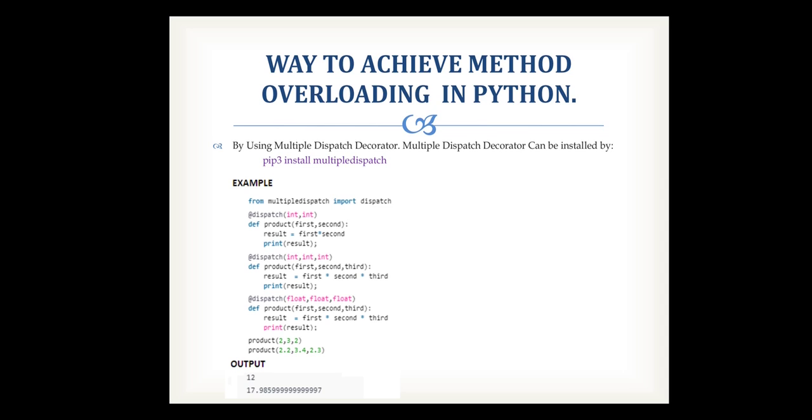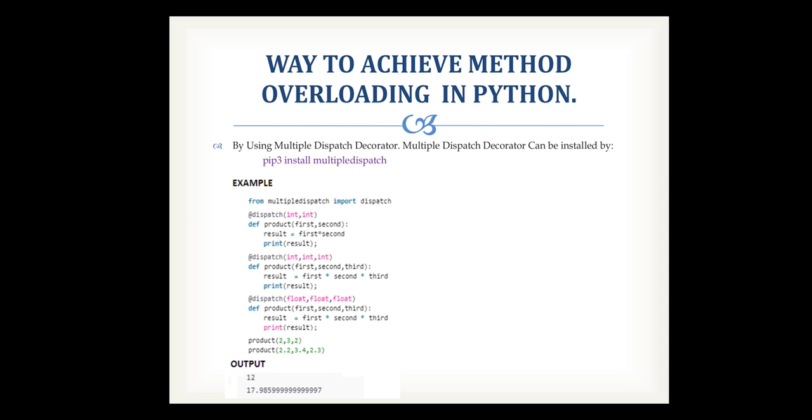We multiply the first and second parameters, store the result, and print it. Similarly we create the second method, where we pass three parameters, store the result in a result variable, and print it. In the third method we take three parameters which have float data, multiply them, store the result in the result variable, and print it.